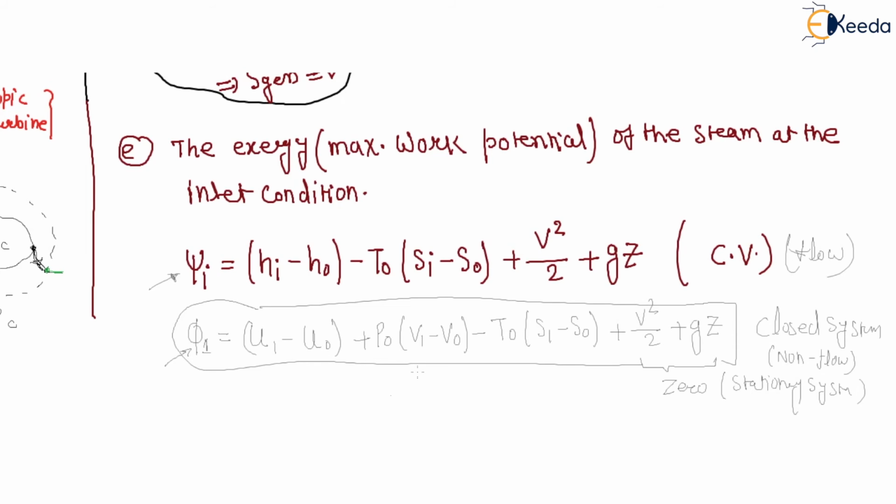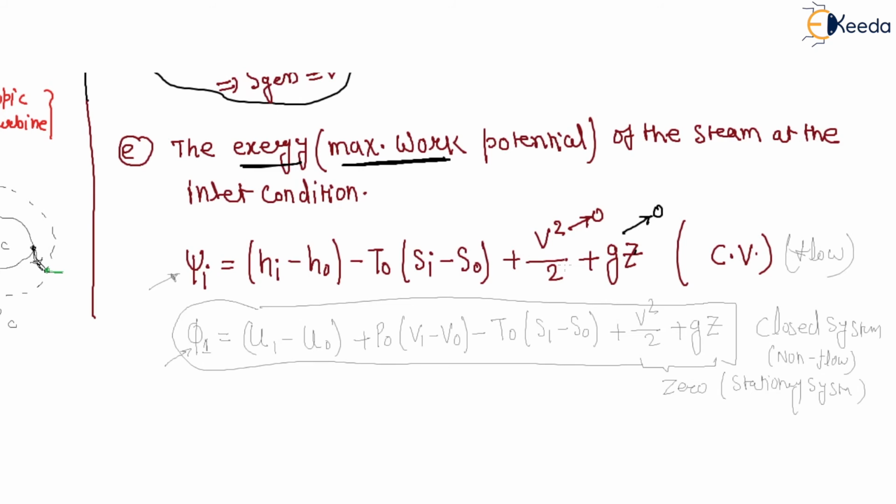So put all this value, and here we can neglect kinetic energy, since there is no information given about it. So this is 0 and also this is 0. Why? Because this is the minimum. This is the exergy, that means maximum work potential, so at maximum we assume there is no kinetic energy.